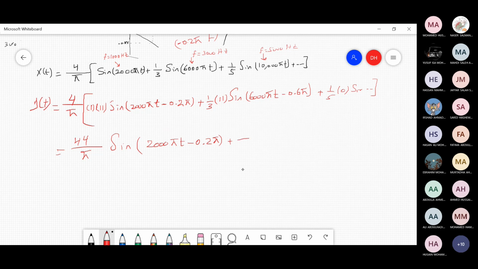From here, it is 1/3 sine 6,000 pi t minus 0.6 pi. And that's all. Doctor, not 11/3? 11 has a common outside. 11 multiplied by 4.